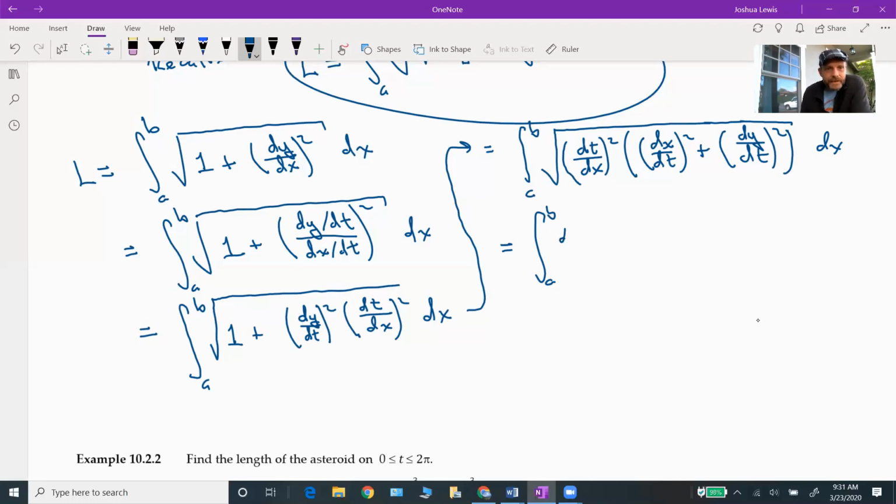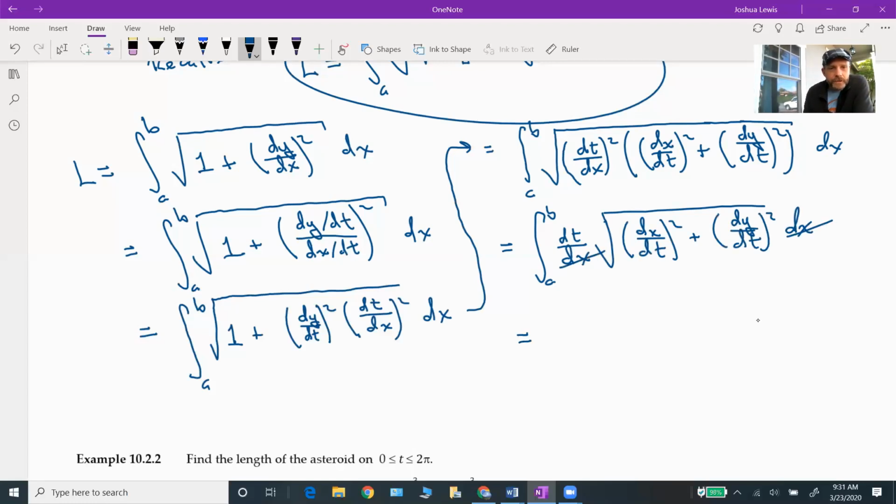And so really, I get a dt times the square root of (dx/dt) squared plus (dy/dt) squared, and what do you know? We are left with exactly what we are told it should be.